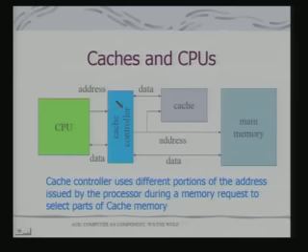According to this model, whatever address a CPU generates is processed by the cache controller to find out whether the data is in the cache or not. If the data is there in the cache, the data will be passed on to the CPU, or there is a need to access main memory. So, data from the main memory needs to be loaded onto the cache and at the same time may be passed on to the CPU.